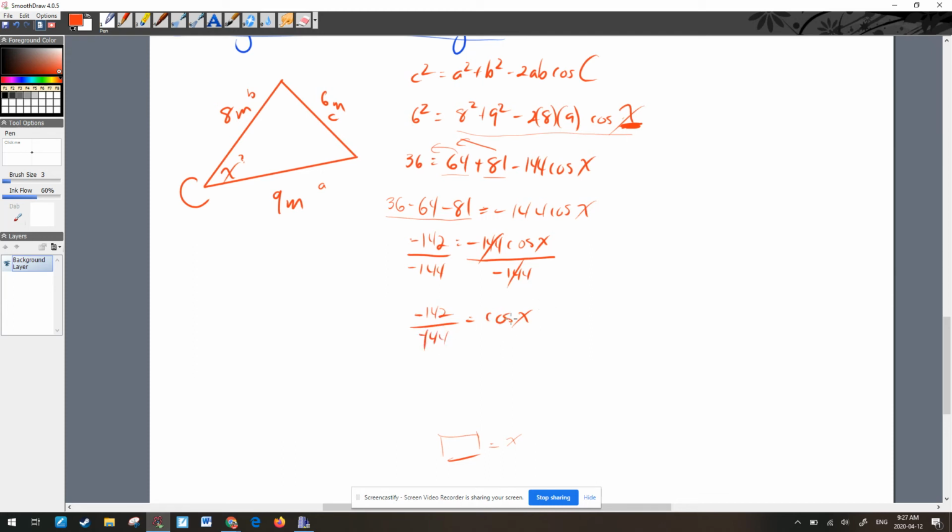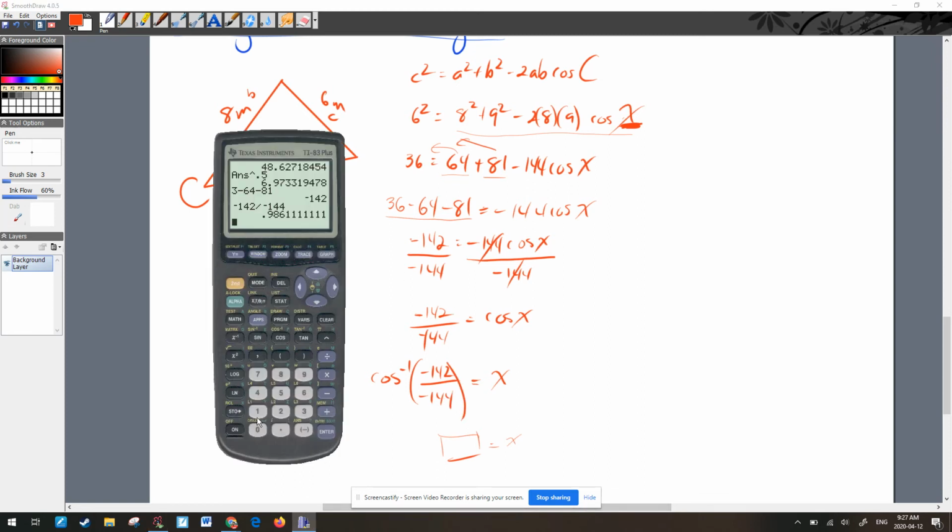And I want to get the x all by itself. Well, what's happening to the x right now? Cosine is happening to the x. So the opposite operation of cosine is cos inverse. So I know that over here, we're going to have the cos inverse of negative 142 over negative 144. And we're going to drop that into our calculator. So two-line calculators, this is pretty easy.